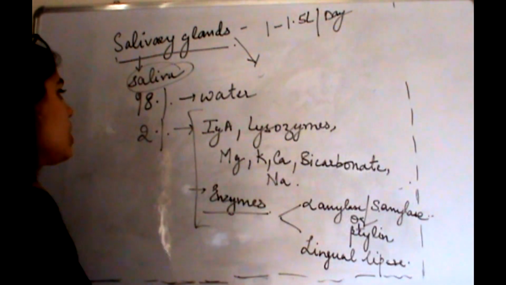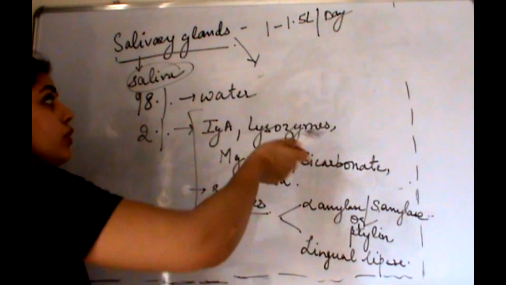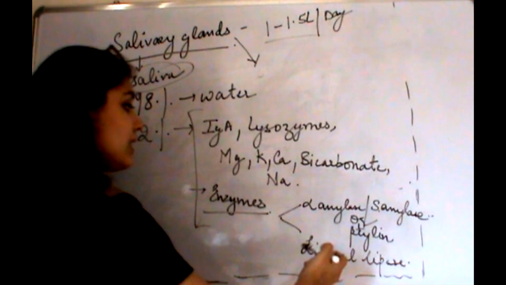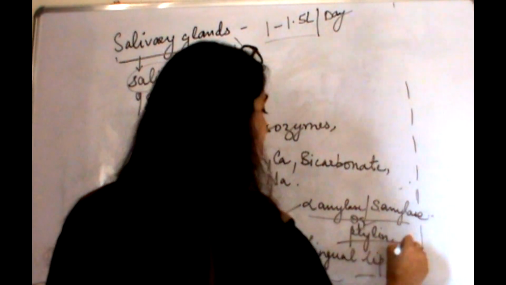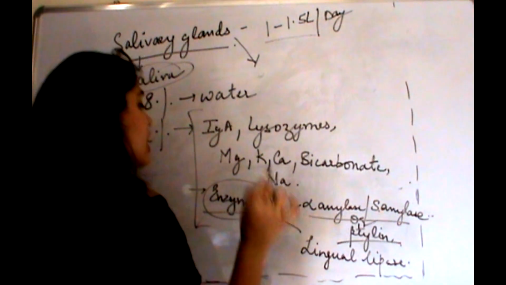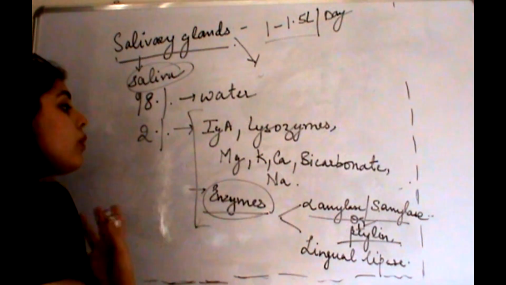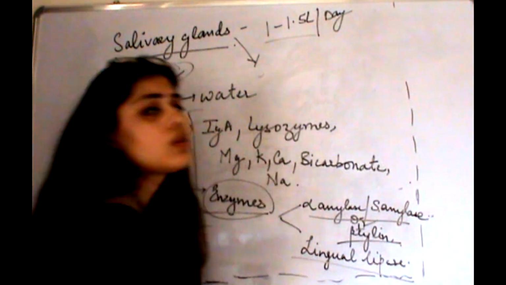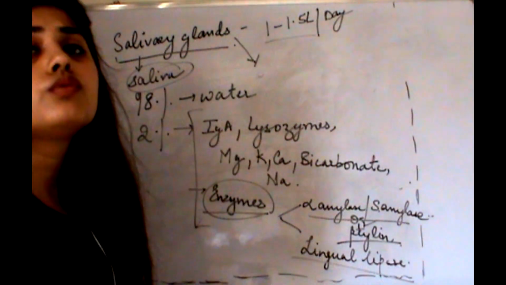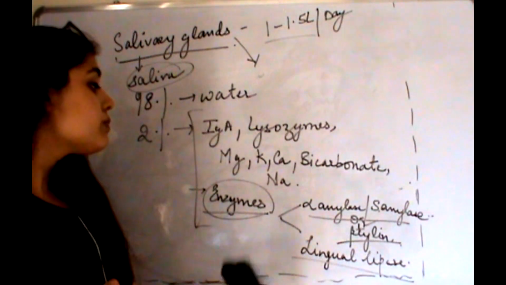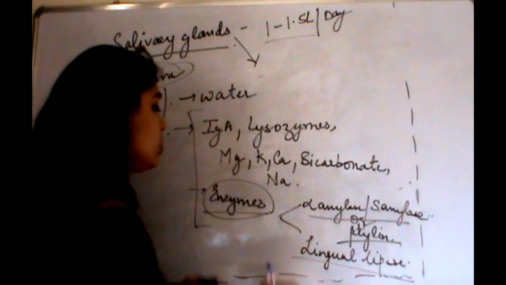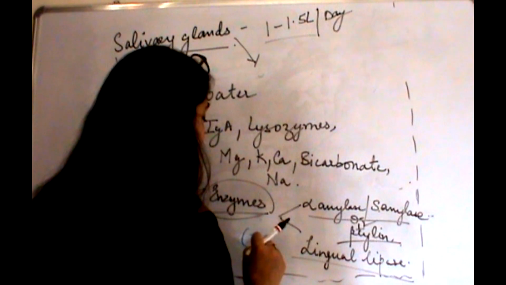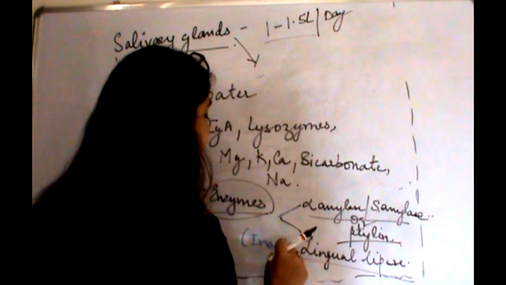Now I've already told you about the pH, but this is the only enzyme that acts on the food in the mouth. But what happens to lingual lipase? Why is it not acting on the food when it is present in the mouth? It is because lingual lipase is usually inactive.